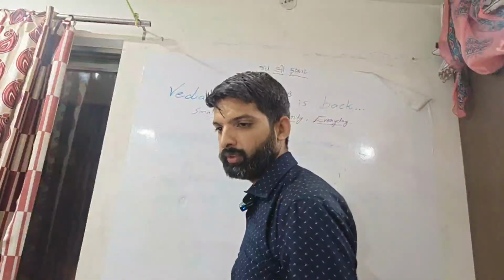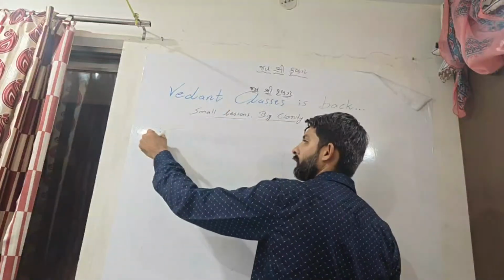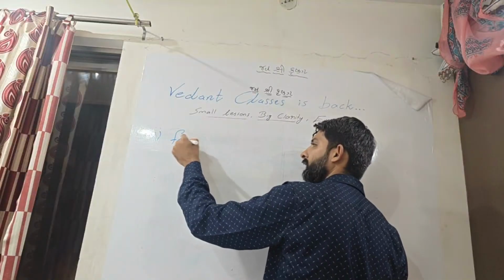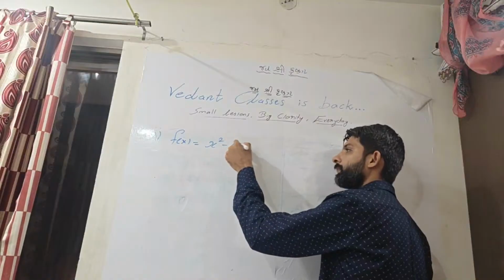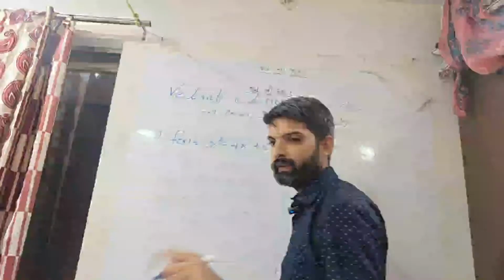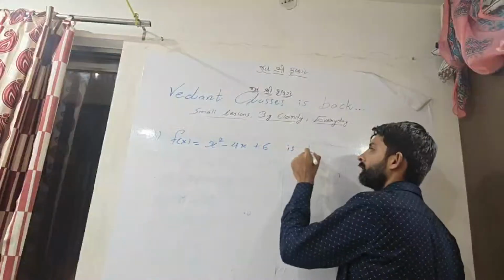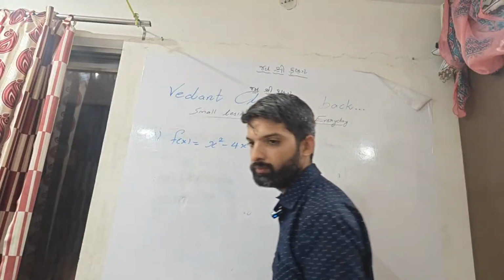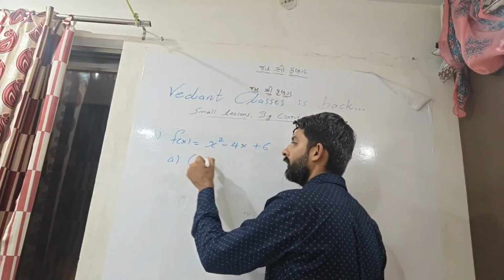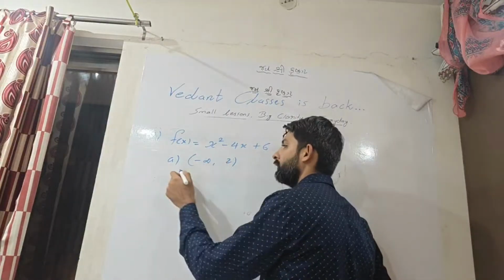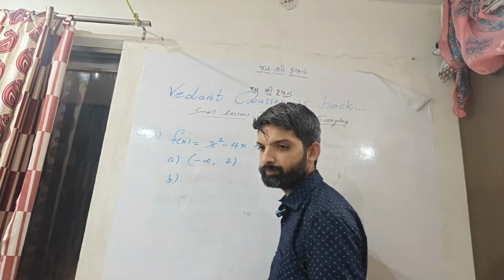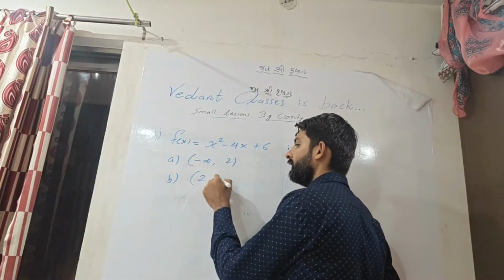Okay, let's solve one small question. The function f of x is equal to x square minus 4x plus 6 is decreasing in the interval that you need to say minus infinite to 2, no sorry, plus 2. Option B 2 to infinite.